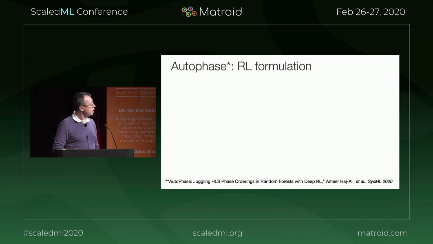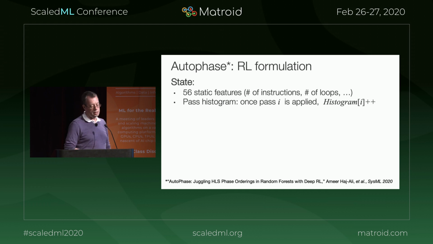So to solve this problem, we use RL, and here is the RL formulation. First, what is a state? For state, we use 50 static features, such as the number of instructions, the number of loops, and things like that. And then we also use a pass histogram.